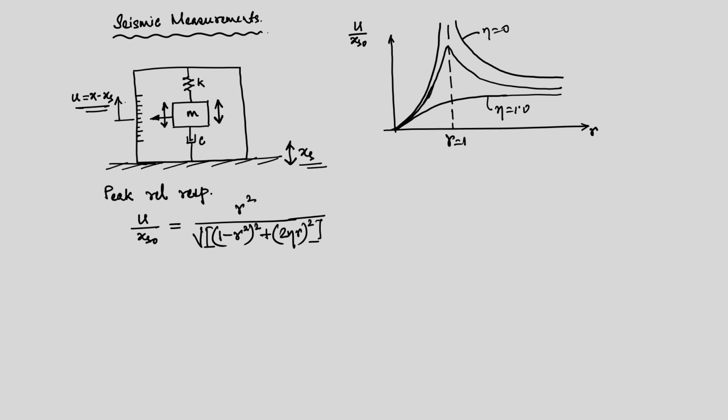What you can notice from this schematic diagram is that as we increase r, after a certain range the response is almost constant. So, for r greater than 1.0 and if you have eta equal to 0.5 onward, then that response is almost constant.